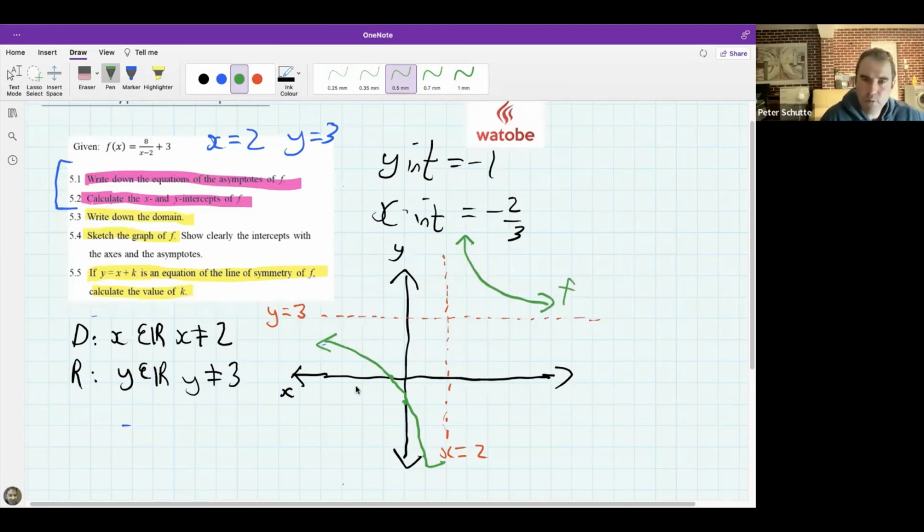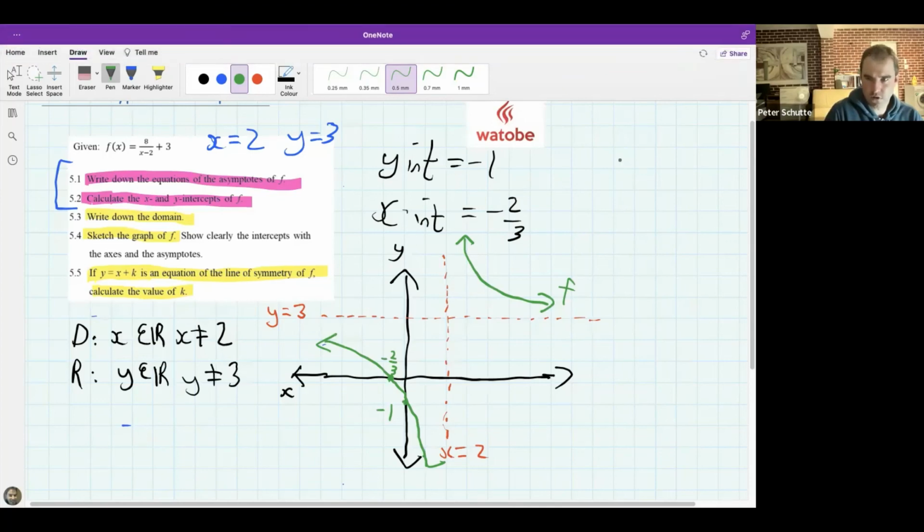And I should label my x-intercept and my y-intercept. So that one was -1, and this one was -2/3. So those are the two dots.